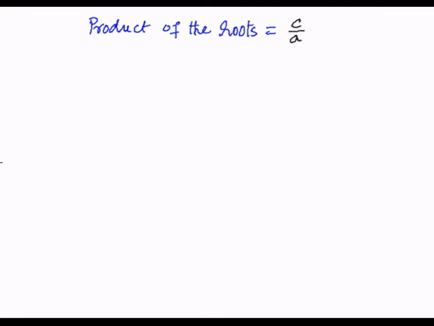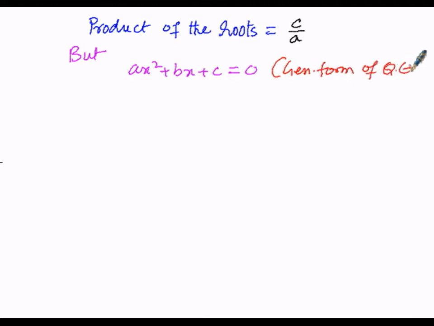Now, ax square plus bx plus c equals to 0 is the general form of a quadratic equation. So here I want to make the x square coefficient as 1. In order to make the x square coefficient as 1, I have to divide.